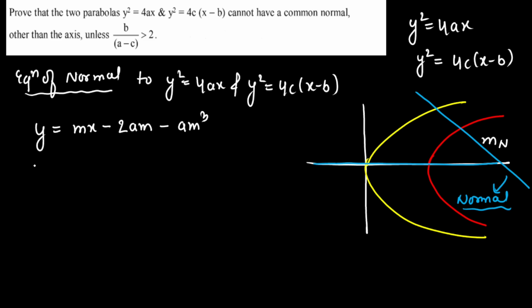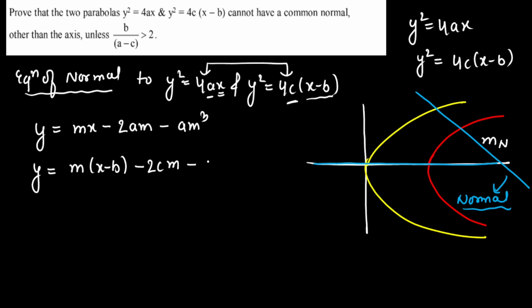Now for the second parabola, if you compare these two equations, the only changes are that instead of x we have x minus b, and instead of a we have c. So in this given equation, wherever x is there, we're going to replace x by x minus b. So we'll get y is equal to m into x minus b minus 2cm minus cm cube. So this will be the equation of normal.